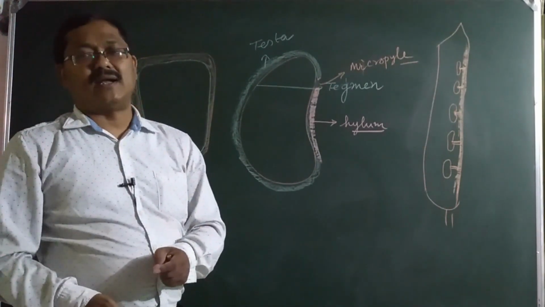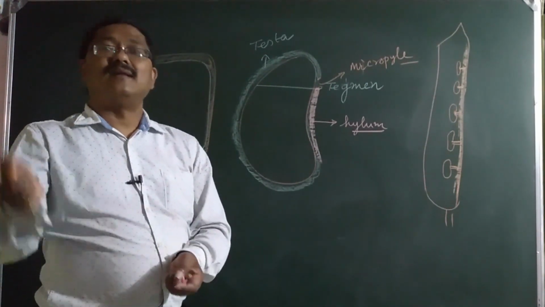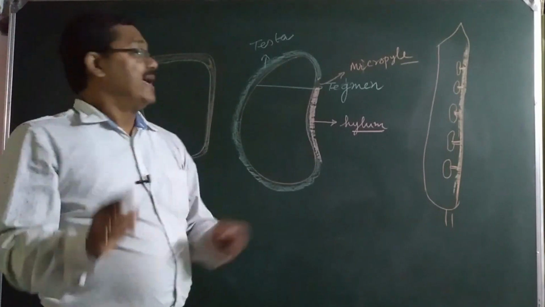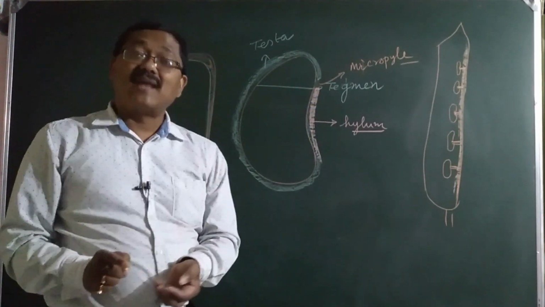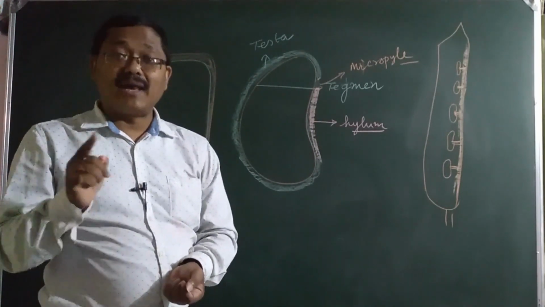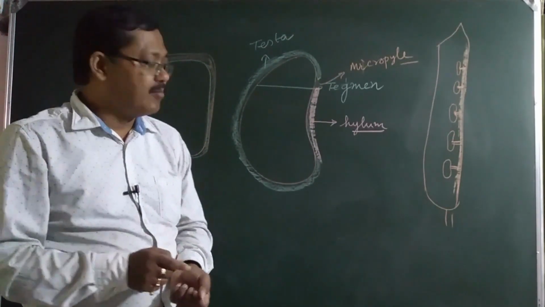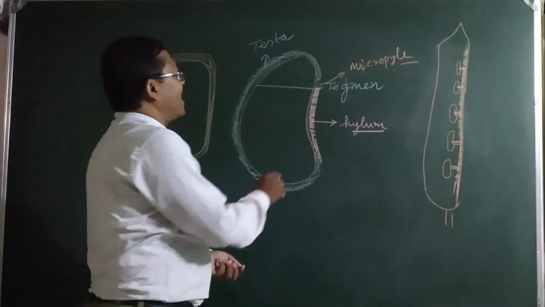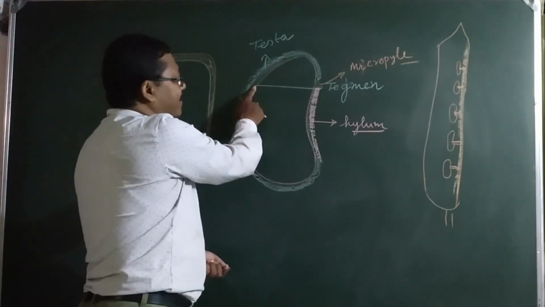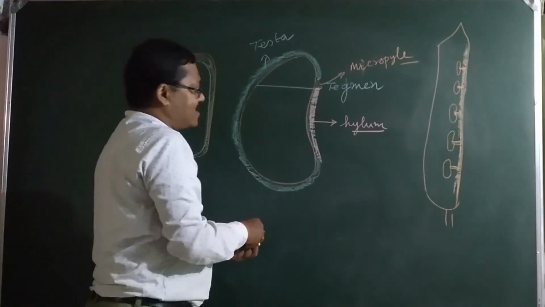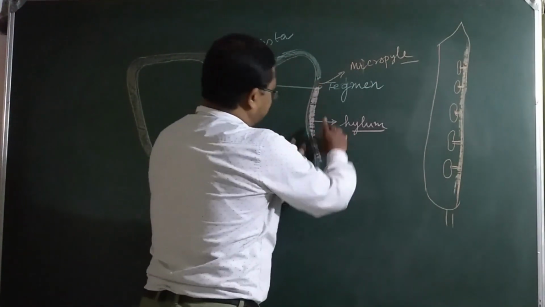During germination, external water and air enter into the seed through it and help the growth of the embryo. So this is the seed, with the outer testa and inner tegmen, and a scar is present when we view it from this side.